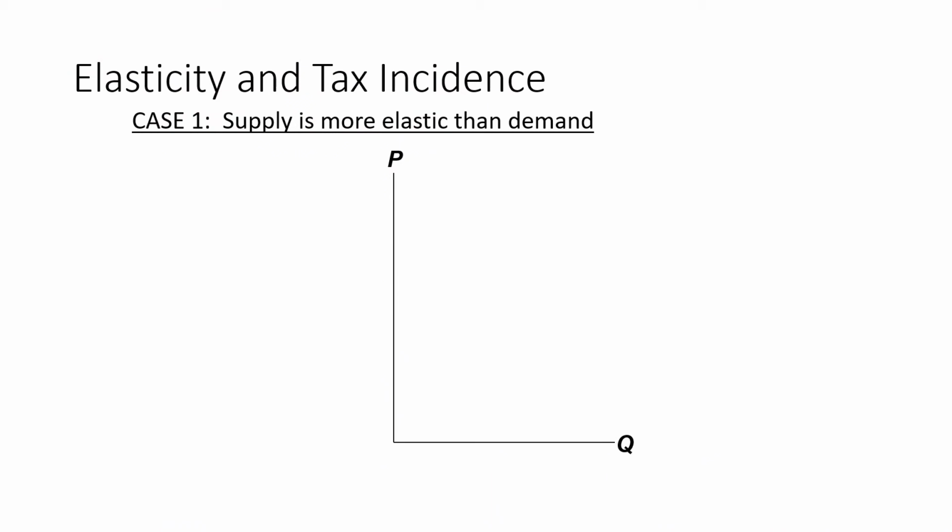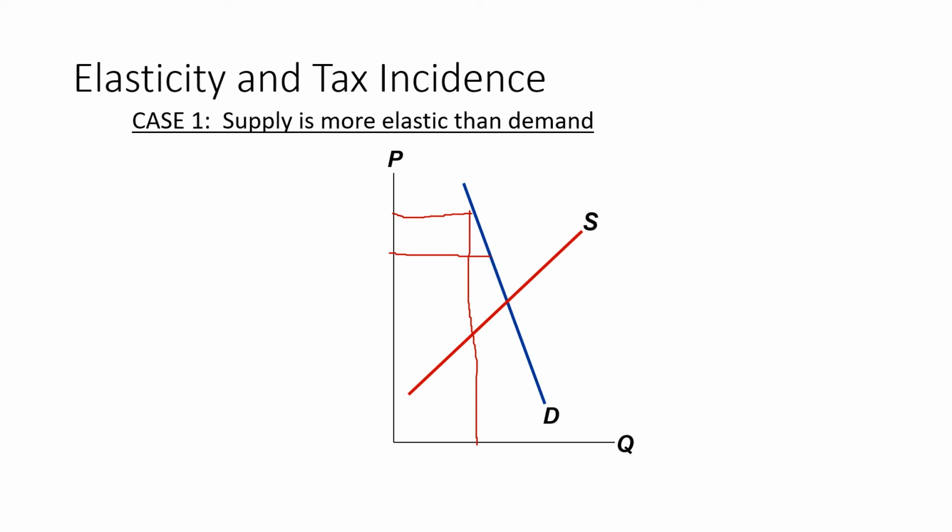Here is the elasticity and tax incidence. Supply is more elastic than demand. You see two cases. The demand curve has a greater slope, which means that when price changes, there is only a little change in quantity demanded. So the demand curve is inelastic, but the supply curve is more elastic, and the price in this economy will be as identified here.